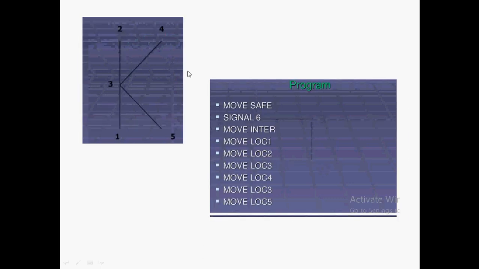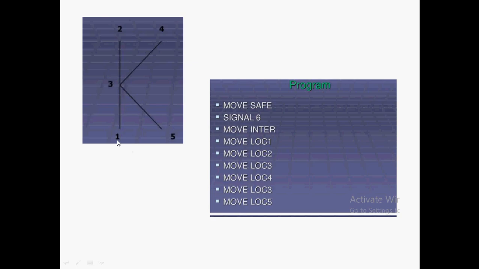Simply we write in the format: move safe, then signal 6, so the sensor will be on and the signal will be received. Then move to the intermediate point, then move loc 1, that is location number 1.